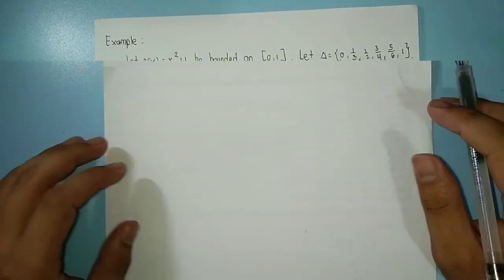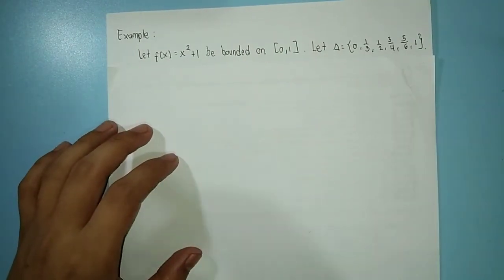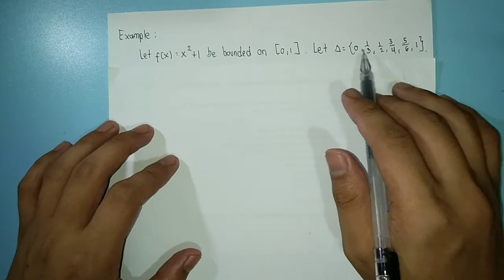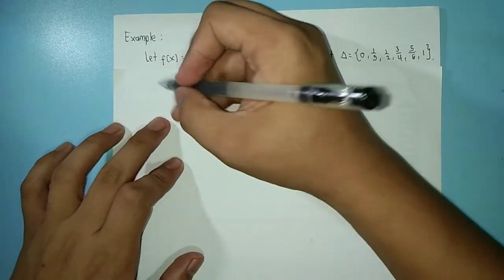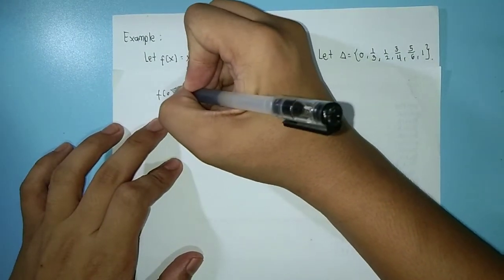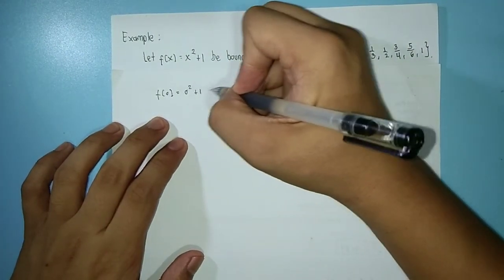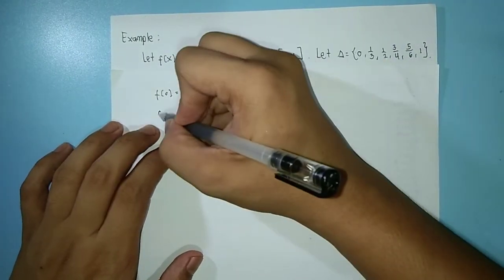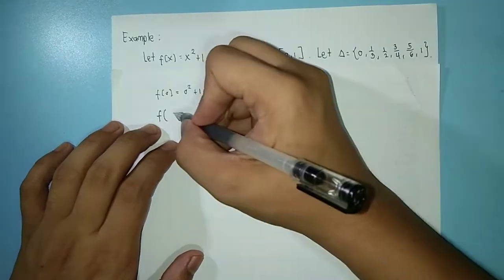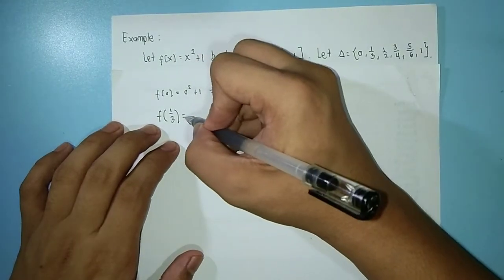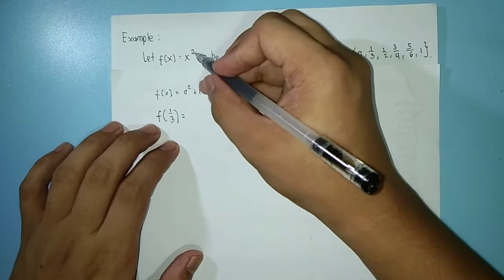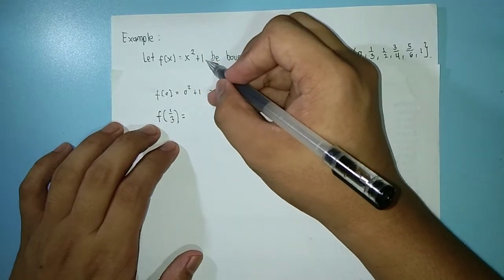Okay, so bago natin i-solve, hanapin muna natin yung mga values sa bawat isa na ito. So, f of 0, magagamit kasi natin yan, equals, substitute lang dito, 0 squared plus 1, this is 1. F of 1/3 is equal to 1/3 squared plus 1. So, ano yon?